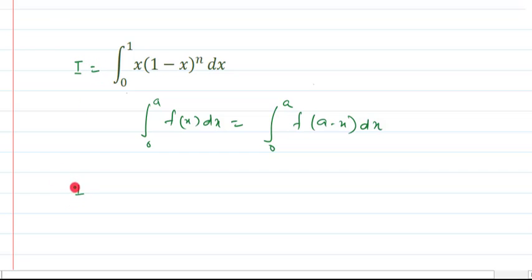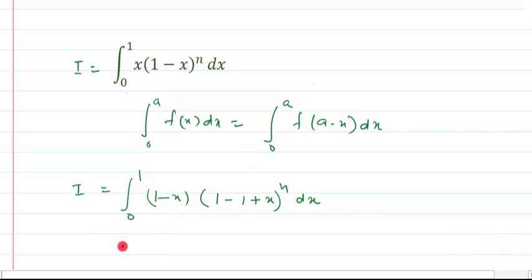So I is equal to 0 to 1, no change in the limits. Now x will change into 1 minus x everywhere. So this x can be written as 1 minus x. Inside the bracket we are having 1 minus 1 plus x. It is power n dx.